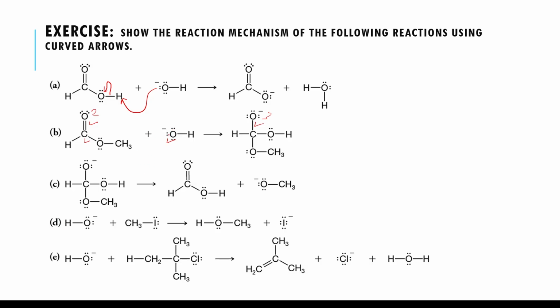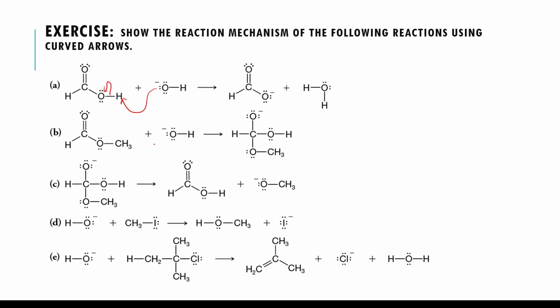A new bond between this oxygen and this carbon will be formed by using the lone pair of this oxygen, and then this pi bond will be broken, and we will form a sigma bond here, and the oxygen should have three lone pairs. So after summarizing these things, now let's write the reaction mechanism.